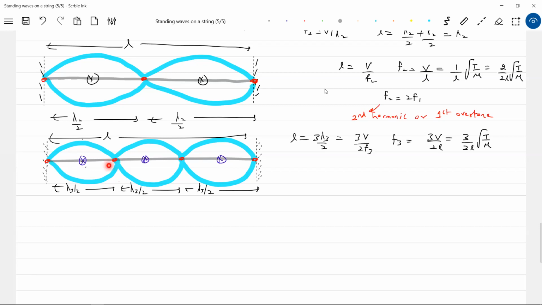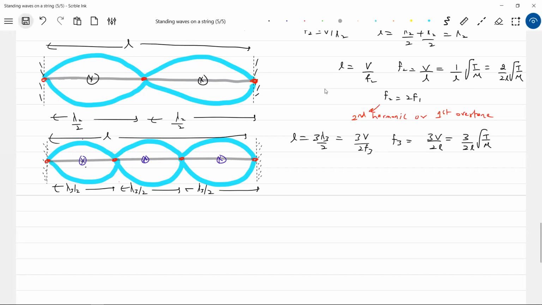Sorry, not one third, one sixth. One third will come here, no? Sorry, at one sixth of the length of the rope, if I pull down and release, where I am pulling down should be the antinode. The distance between antinode and node, this point should be a node. This is lambda 3 by 6, lambda 3 by 6, lambda 3 by 6. Like that, I'll get three loops.